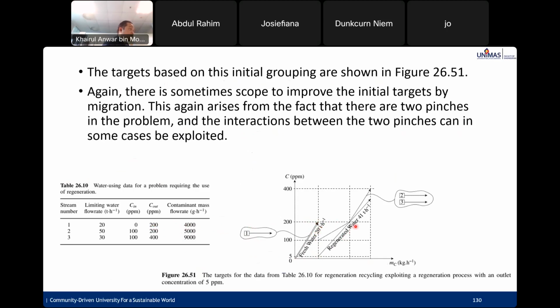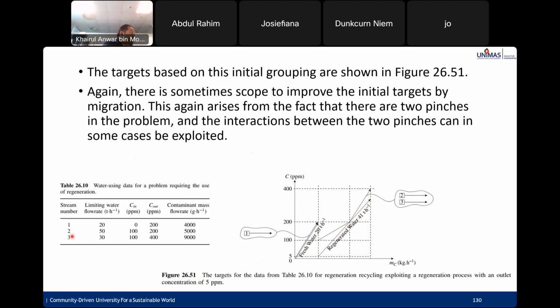How about regenerated water? For regenerated water, this refers back to the mass load below the reuse bin. Stream 1 gets 4,000 gram per hour. Stream 2 is 5,000 gram per hour. Stream 3 is 3,000 gram per hour. So for regenerated water, this is the water supply line. This is the composite curve.